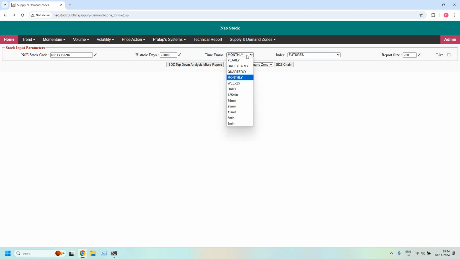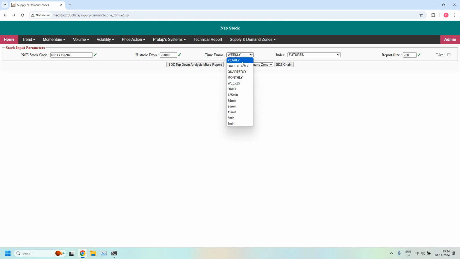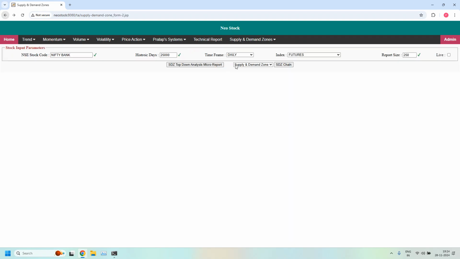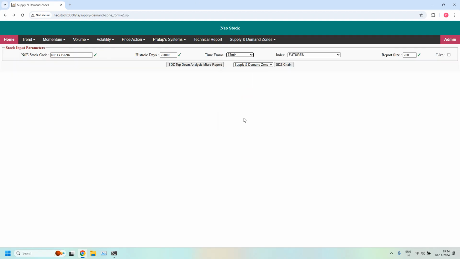Okay, next, weekly supply demand zone chain for Bank Nifty. Okay, next, daily supply demand zone chain for Bank Nifty. Okay, next 125 minute supply demand zone chain for Bank Nifty. Next 75 minute supply demand zone chain for Bank Nifty.